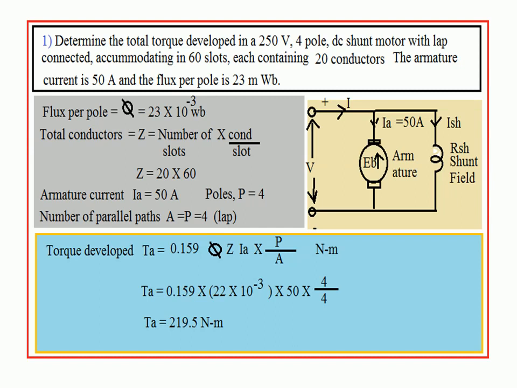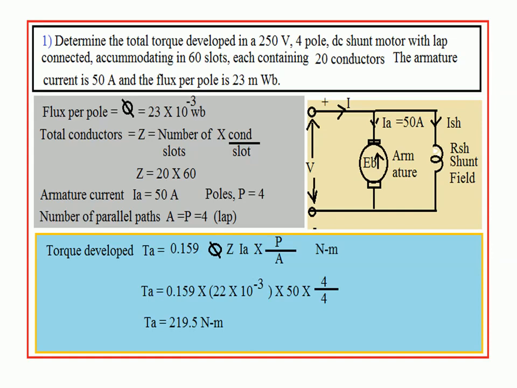Now we can take one problem. Determine the total torque of a 250 volts, 4 pole DC shunt motor with lap connected armature, accommodating 60 slots, each slot containing 20 conductors. The armature current is 50 ampere and flux per pole is 23 milliweber. You draw the diagram of DC shunt motor.